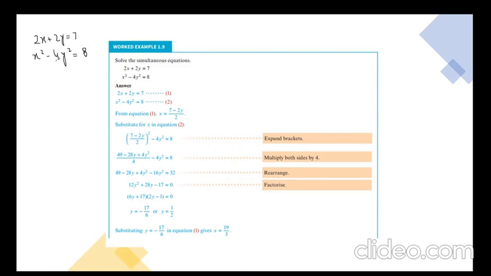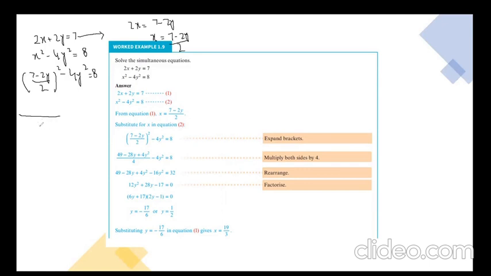So first, finding the value of x from this equation. 2x equals 7 minus 2y, and then x equals (7 minus 2y) divided by 2. Putting the value of x in this equation, x must be ((7 minus 2y) divided by 2) whole square minus 4y square equals 8.